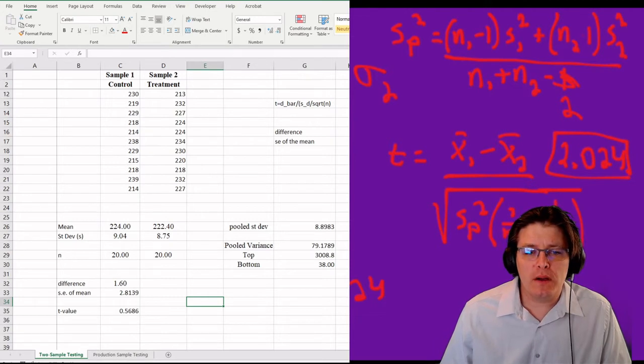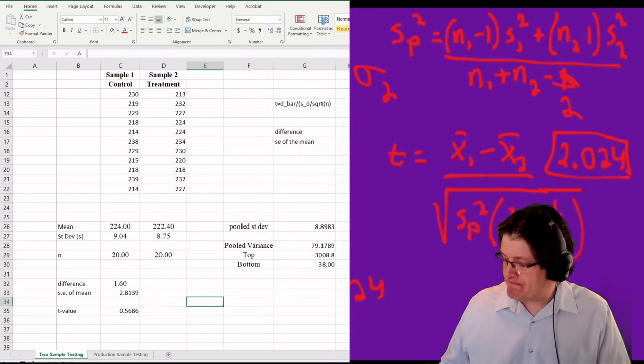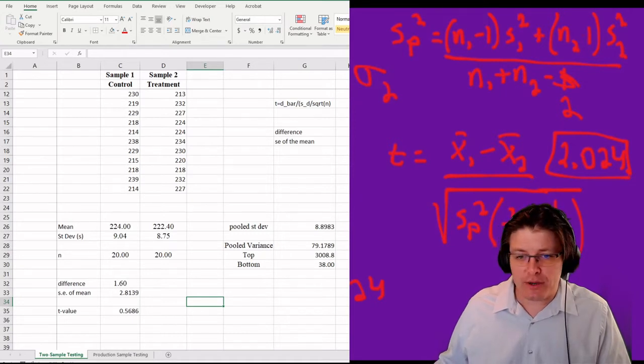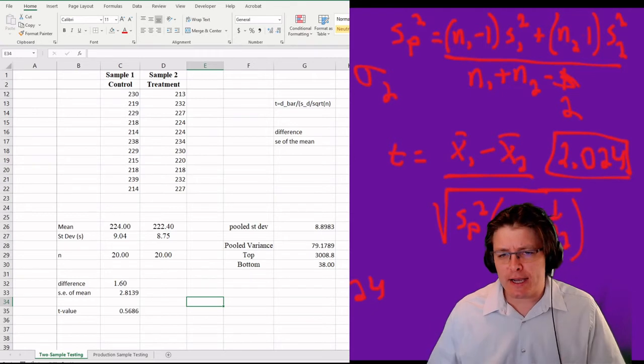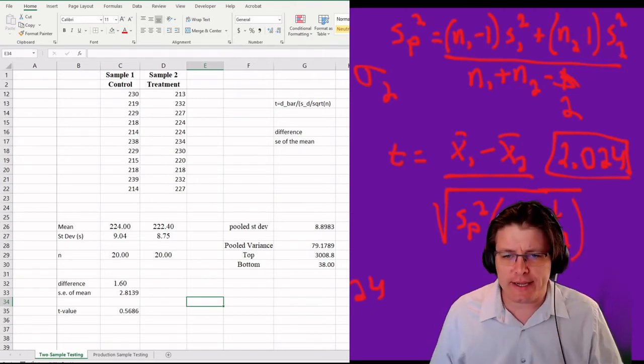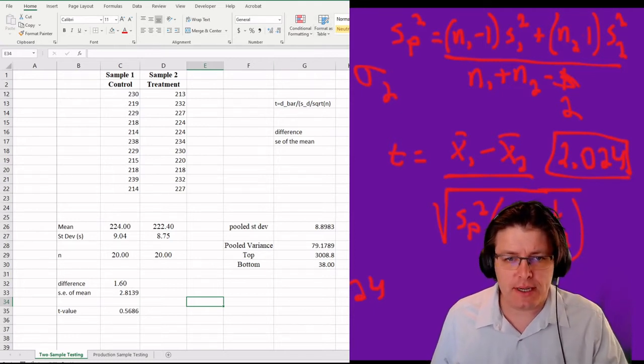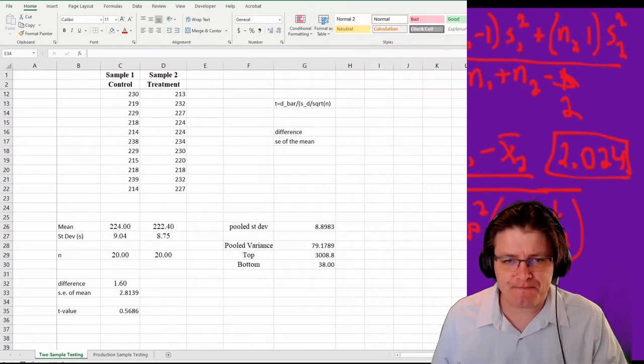Now, what we're going to do is turn to the paired t-test in a second. But first, I do want to show you that while it's good to know what's happening here, Excel does have functions built in to expedite this process.